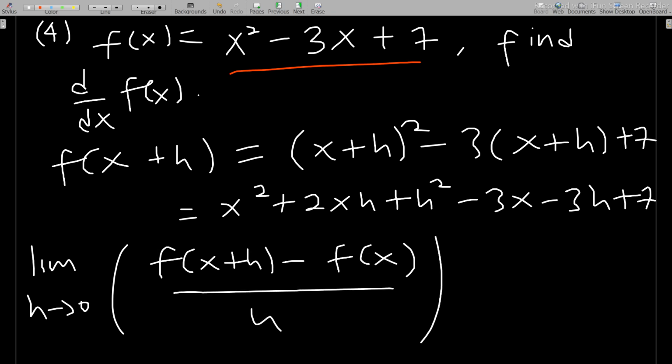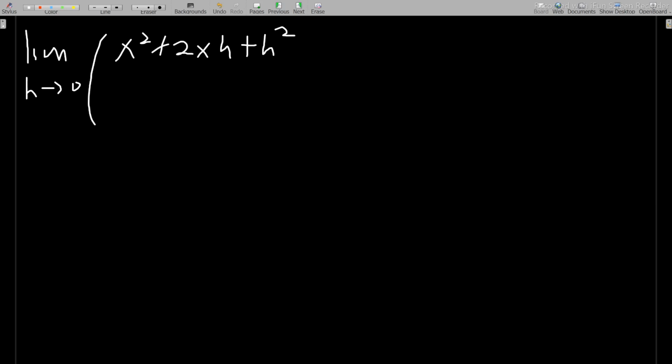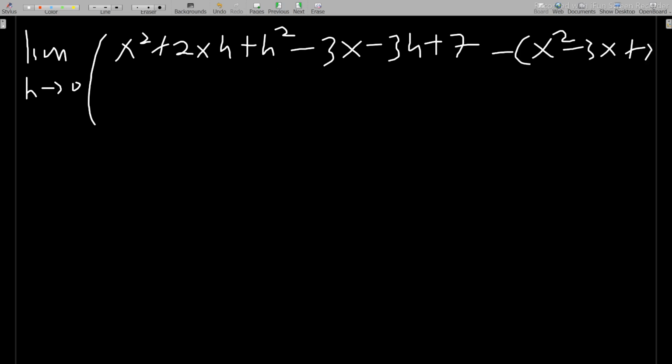So here we know everything, so let's try to go ahead and do f of x plus h minus f of x somewhere, because this is very complex. We can't put them together there, okay? Or if you want, we can still do that, okay? So I have limit as h approaches 0 of f of x plus h, which is x squared plus 2xh plus h squared, okay? Minus 3x minus 3h plus 7 minus our f of x, which is x squared minus 3x plus 7, okay?